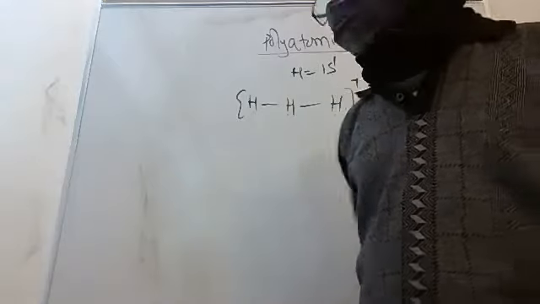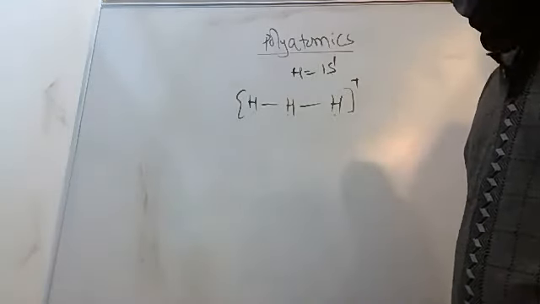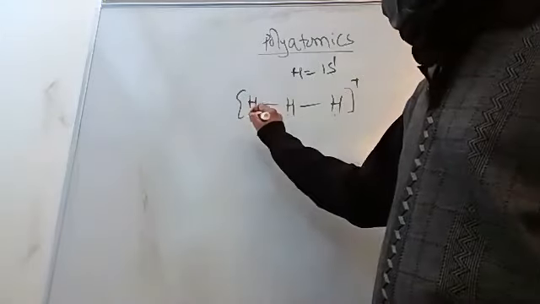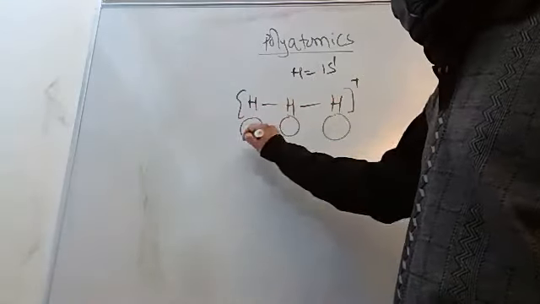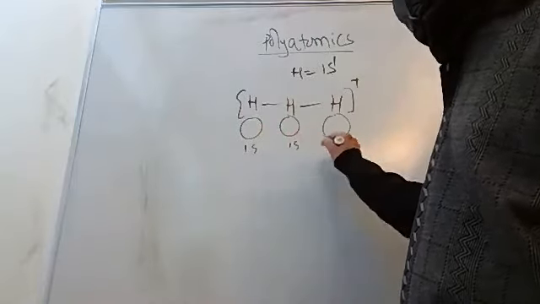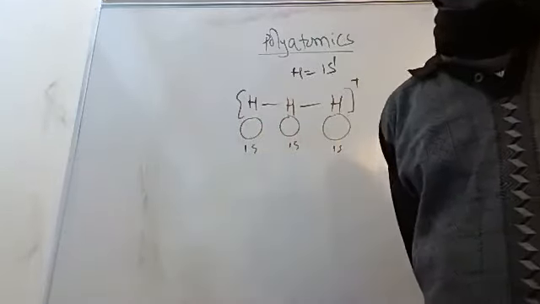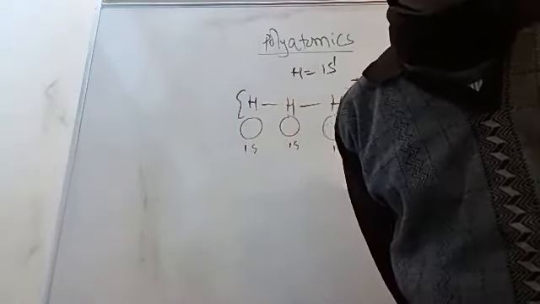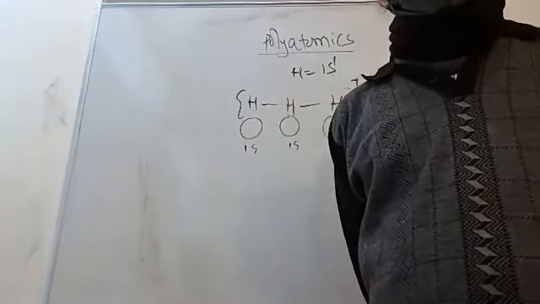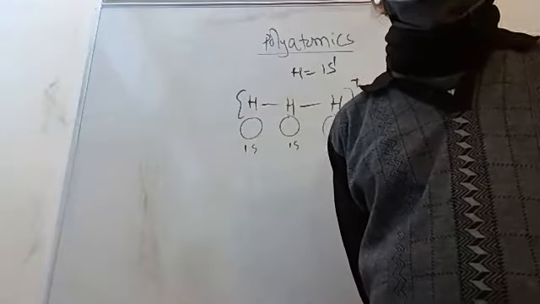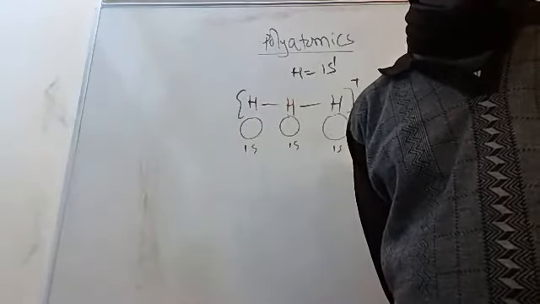Let's see how this happens. Now all three hydrogens have s orbitals: 1s, 1s, 1s. When you mix these orbitals, how many molecular orbitals do you get? Three.